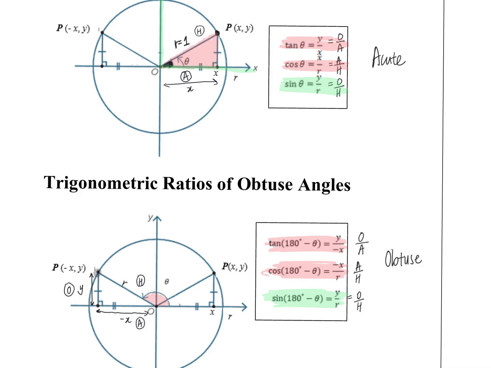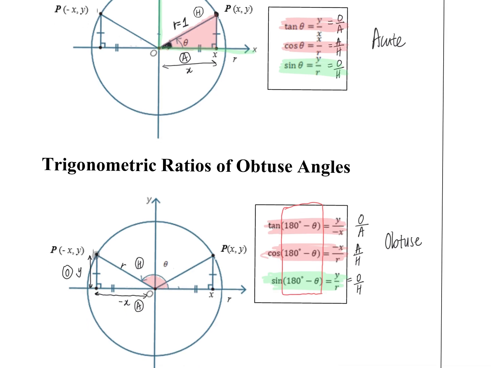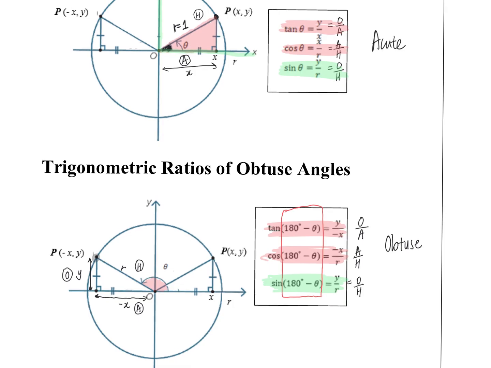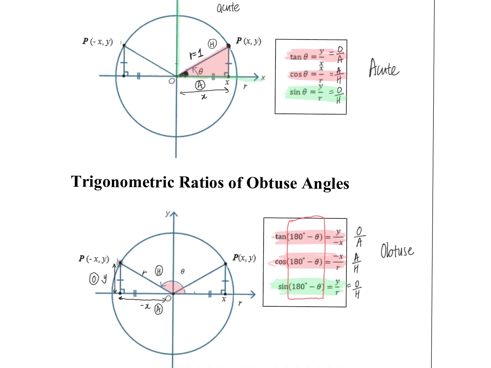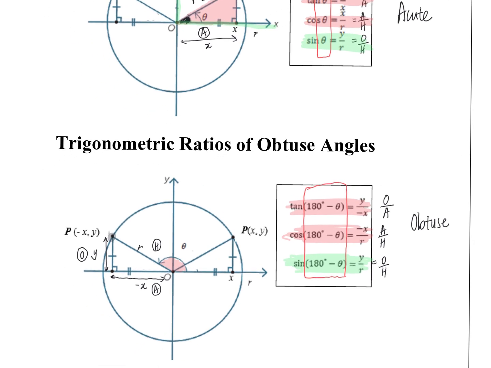Okay, but another thing I want to point to your attention is this one. Why did they use 180 minus theta? This one I use theta, no problem. Why this side I use 180 minus theta? This theta is obtuse, right?